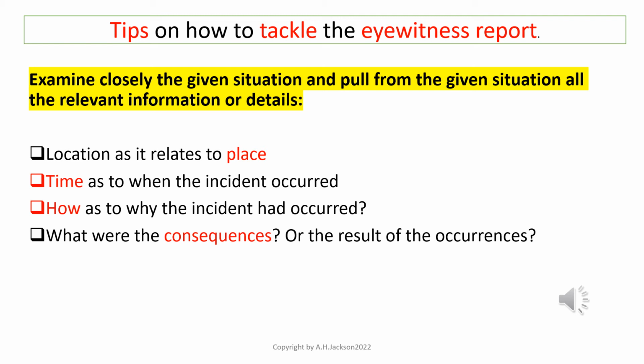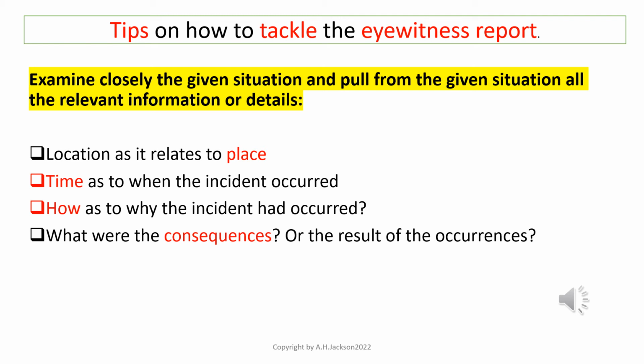The Eyewitness Report. Well, it's important that students examine closely the given situation and pull from it all the relevant information or details as it pertains to location, in relation to place. Where did the incident occur?